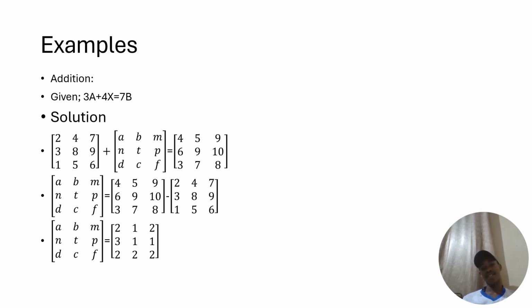The known ones are 3a, and then 4x, whose entries we don't know, equating to 7b, whose entries are clear, as you're seeing.